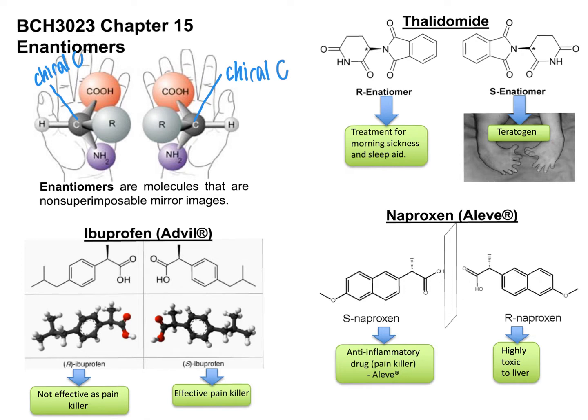This is also the case with structures such as Advil, where Advil exists as 2 enantiomeric molecules, the one on the left here and the one on the right. We should at this point be able to find the chiral center in each of these molecules as we look at the structure of ibuprofen and apply our knowledge of line angle formulas, scanning for carbon atoms that have 4 different groups bonded to it.